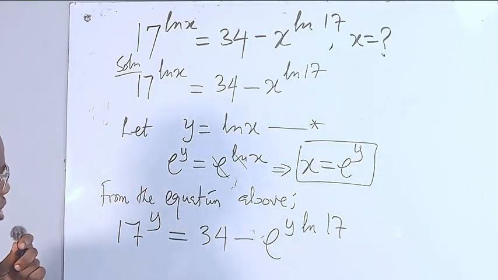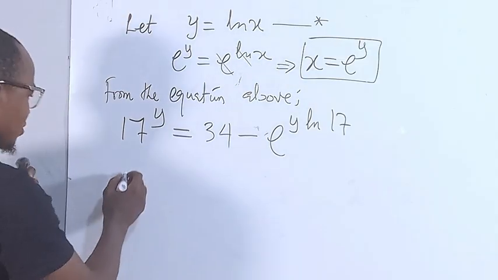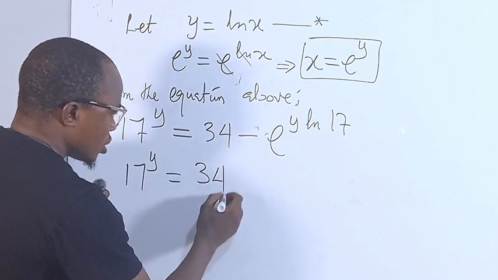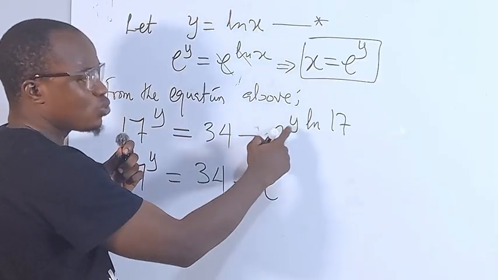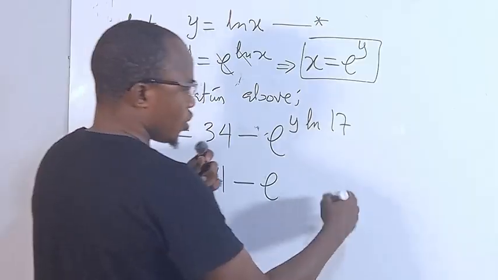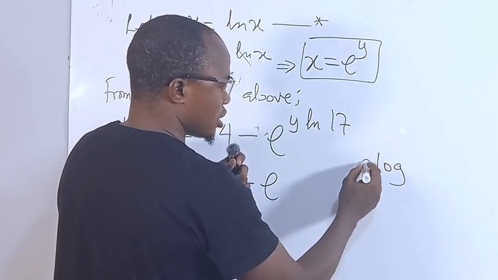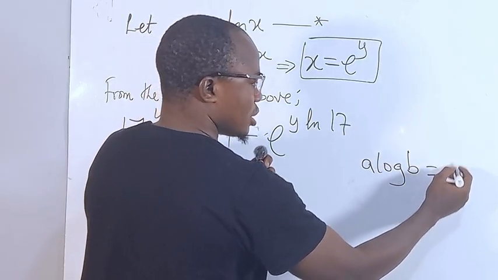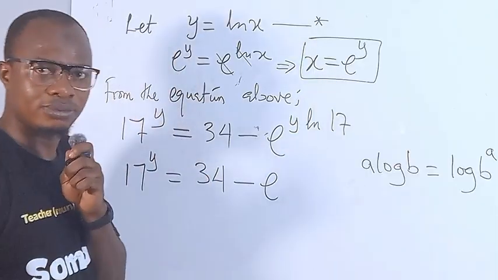Okay, so what's the next thing we're going to do from here? We're going to have 17 to the power of y equals 34 minus e to the power of y ln of 17. Now, according to the law of logarithm, when you have a log b, we can rewrite it as log b to the power of a.